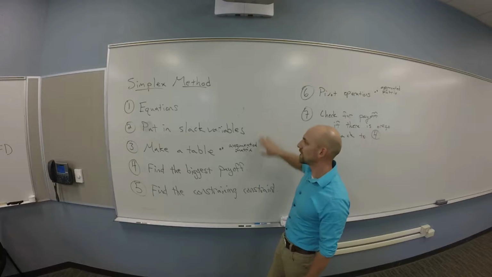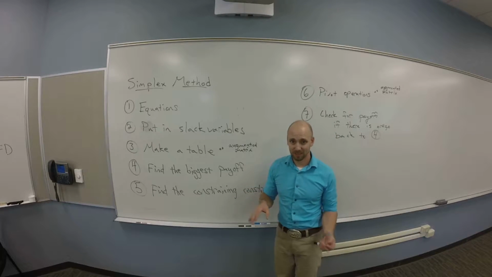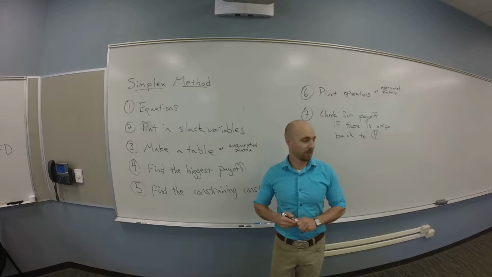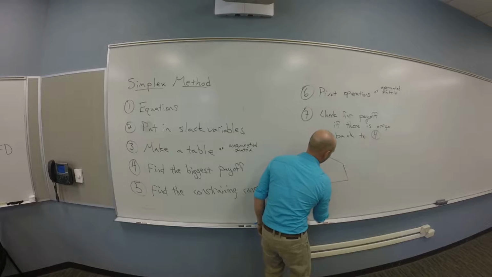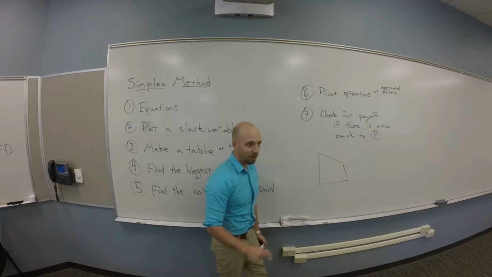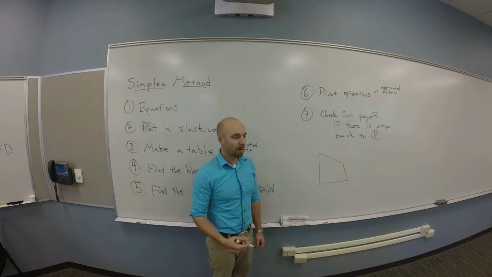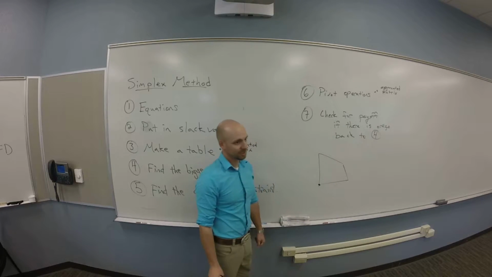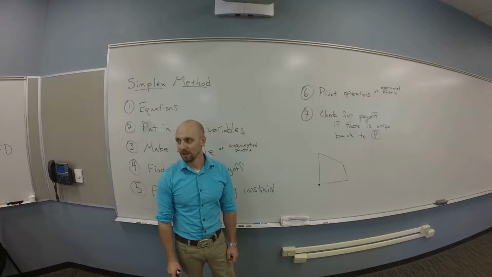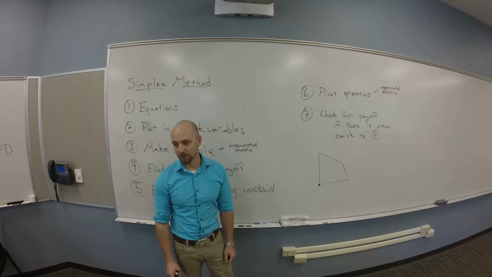Okay, and what this thing is actually doing, I want to give you a kind of intuitive picture. So maybe here's some feasibility polygon, right? What I'm going to do is start at a vertex, usually the 0, 0 vertex.